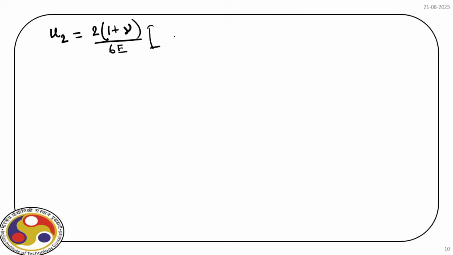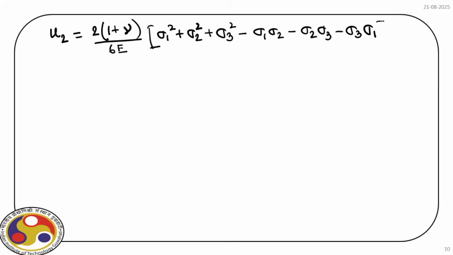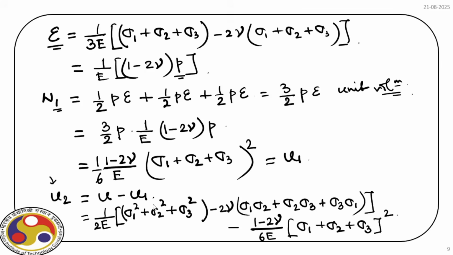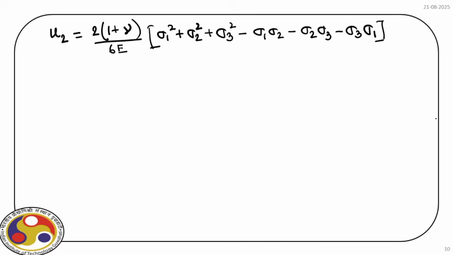Then within bracket we have sigma 1 square plus sigma 2 square plus sigma 3 square minus sigma 1 sigma 2 minus sigma 2 sigma 3 minus sigma 3 sigma 1. I repeat once more, we have this expression for U2, and if you open this bracket and further simplify, you'll get this expression, and I leave it as a home task. Just check it at your end. It's very simple.